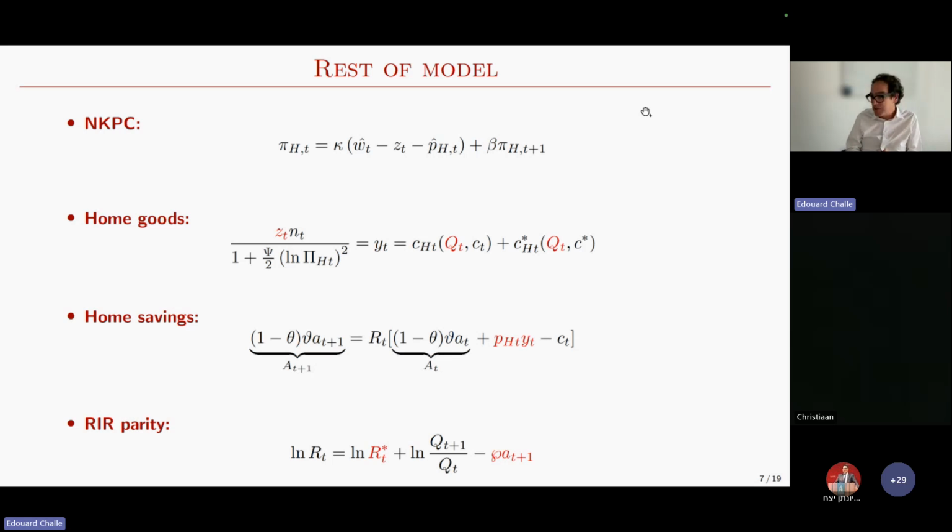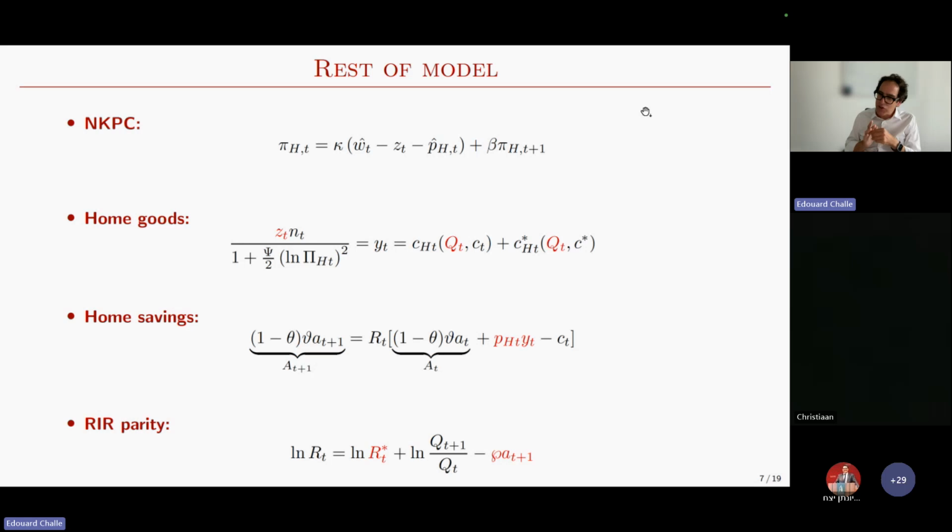And the last equation is the real interest rate parity that tells you how the growth in the real exchange rate is related to the differential in real interest rate between the rest of the world, R star, and the domestic real interest rate R. And we have a term in this, an interest rate elastic foreign debt.